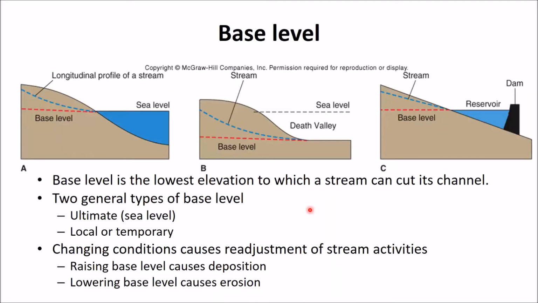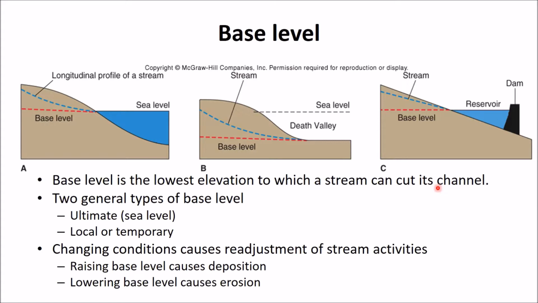And here, one very basic term is base level. Base level is the lowest elevation or level to which the stream can cut its channel. That means the down cutting will finally reach this level. That is the final limit of the vertical erosion.